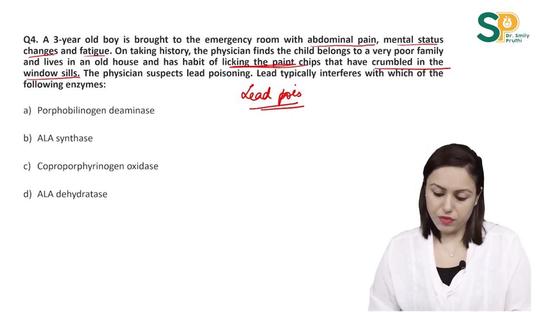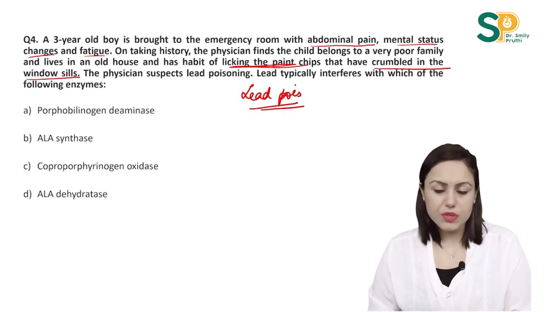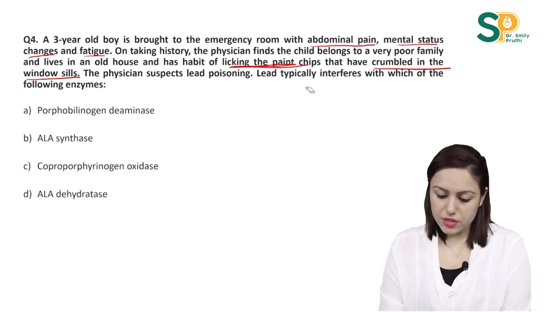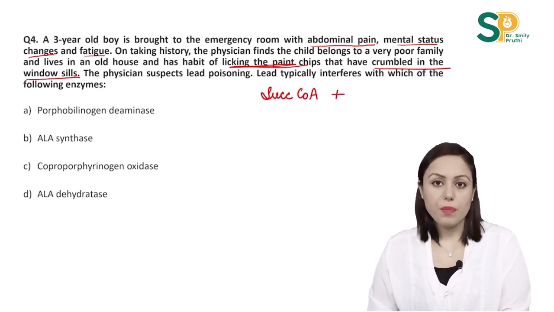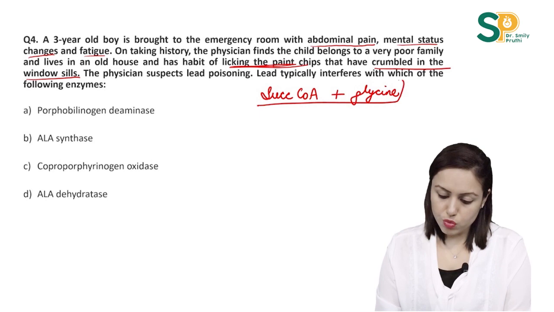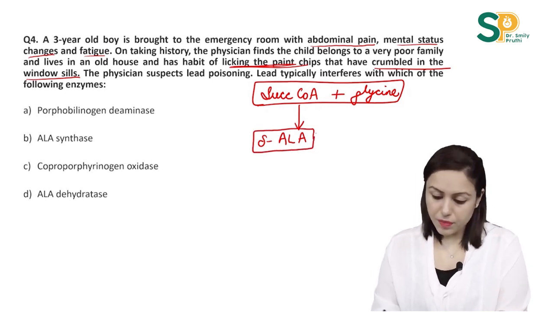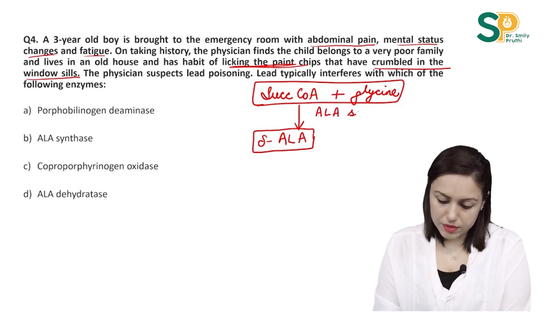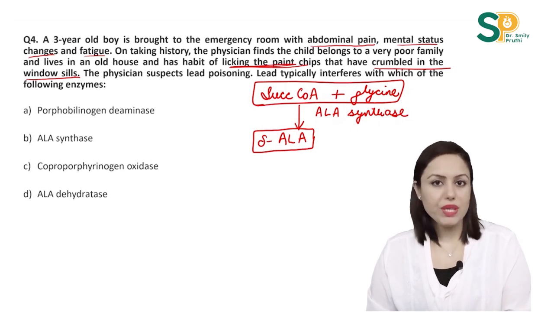Lead typically interferes with which of the following enzymes? So, lead affects heme synthesis. So, let's do the enzymes of the first 2-3 steps of heme synthesis pathway. So, we have succinyl CoA plus glycine. These two compounds join together to make ALA, delta ALA, that is delta amino levulinic acid, and the enzyme is ALA synthase, which is the rate limiting enzyme, and it requires vitamin B6.